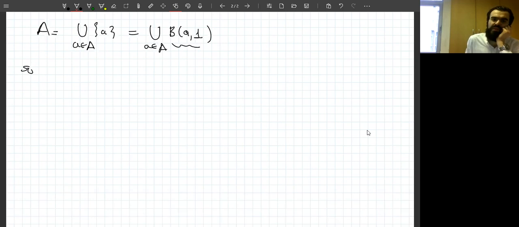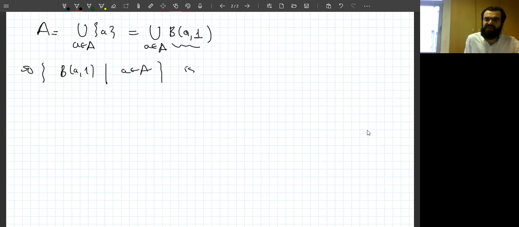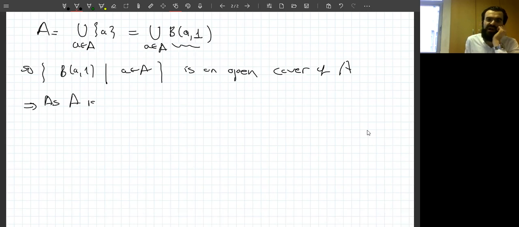So the balls around a, for a in A, parameterized by a, form an open cover of A. This implies, as A is compact, there exists a finite subcover. Let's call this star.